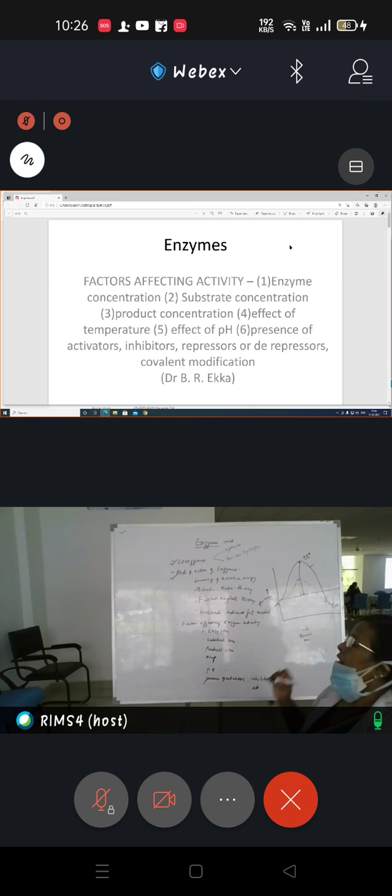This is the enzyme catalyzed reaction, and this is its activation energy. So what is happening in the enzyme catalyzed reaction? There is lowering of the activation energy.